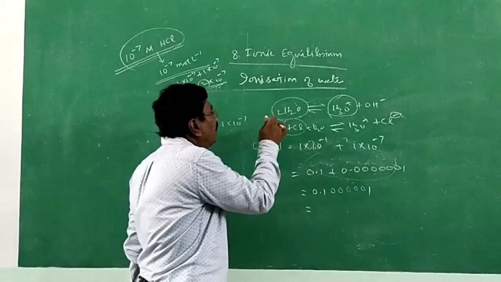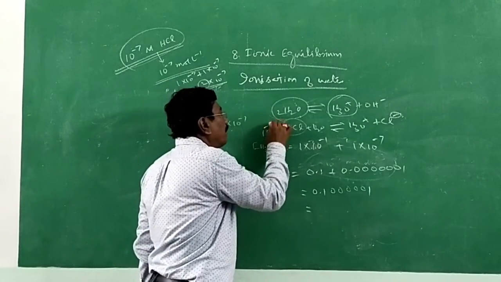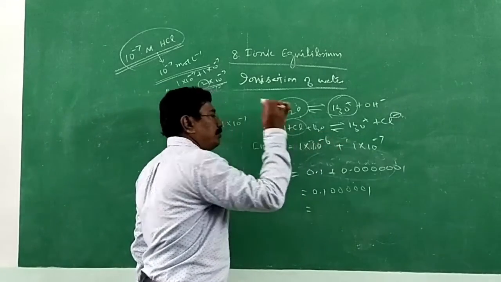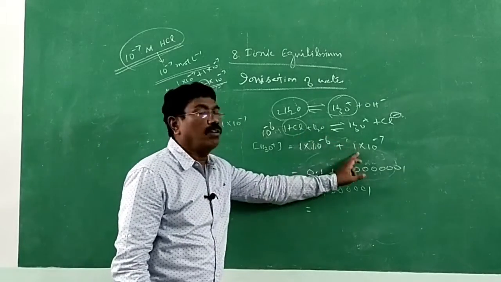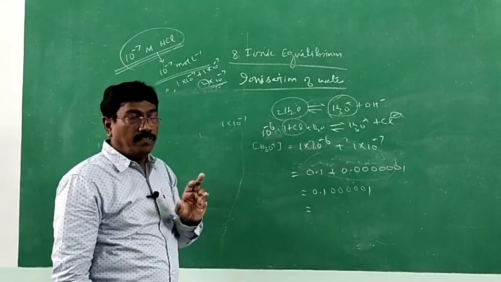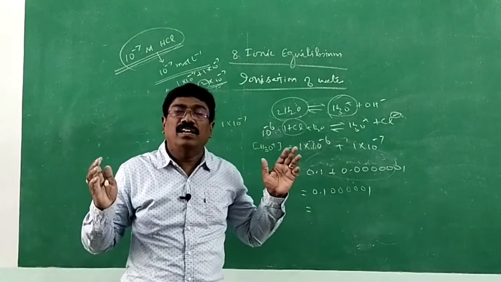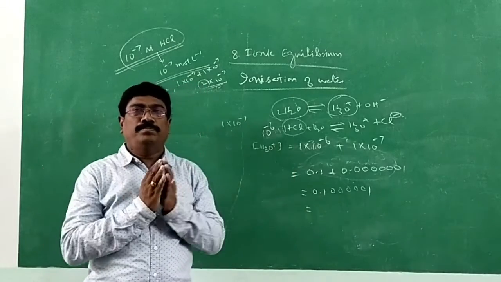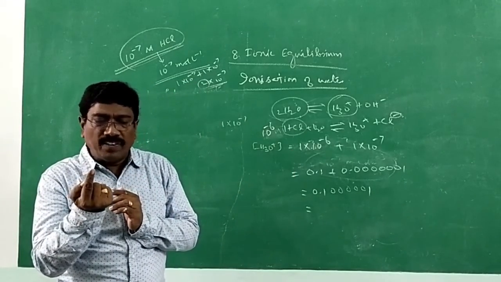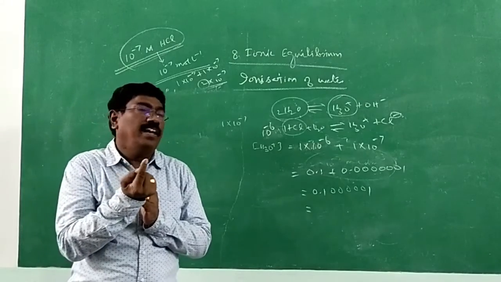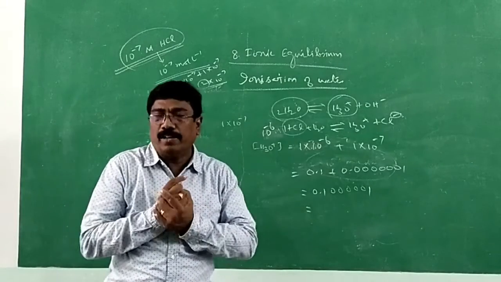But if it is weak, say 10 power minus 6 and less than 10 power minus 6, this addition becomes meaningful. If I have a crore rupees and 1 more rupee, it is meaningless. I have 1 crore and 1 rupee, I need not say.